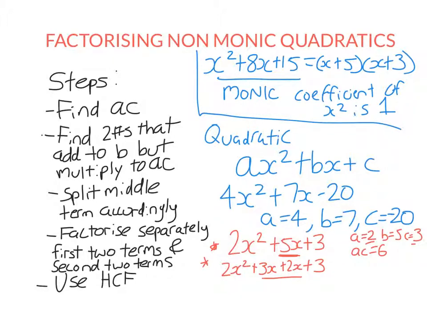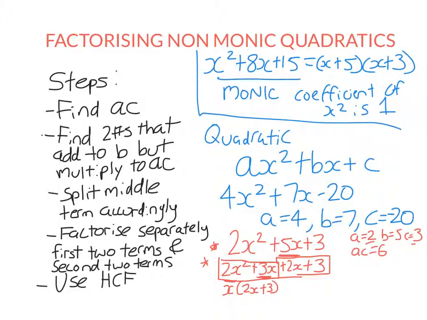So now I'm going to factorize the first two terms separately and the second two terms separately. So for the first two terms, they have a highest common factor of x. So what do I times by x to get 2x squared? I get 2x. What do I times by x to get 3x is just 3.